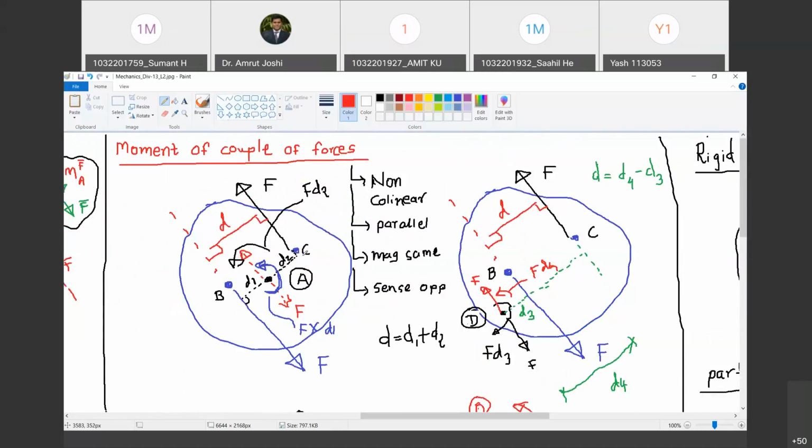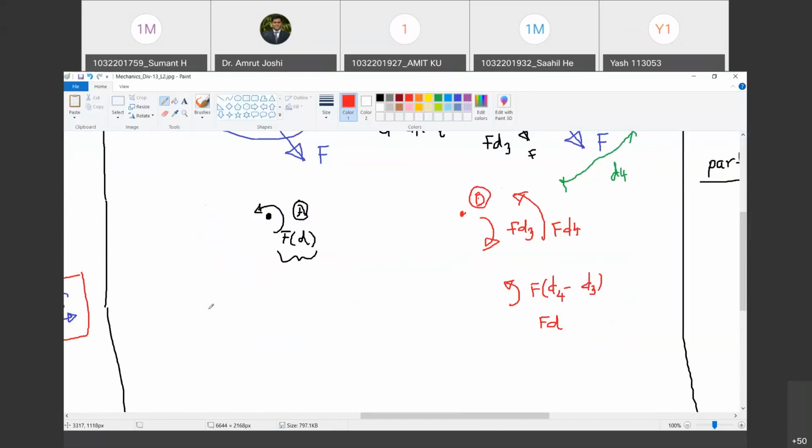Second remark, all points on the body which are subjected to moment of couple of forces will experience tendency of only rotation. Do you agree with me? All the points are going to experience the tendency of only rotation because there is no unbalanced force. Are you with me? Yes, sir.